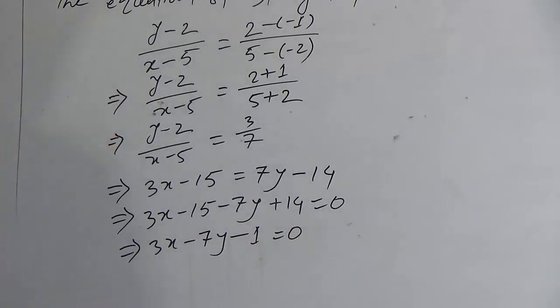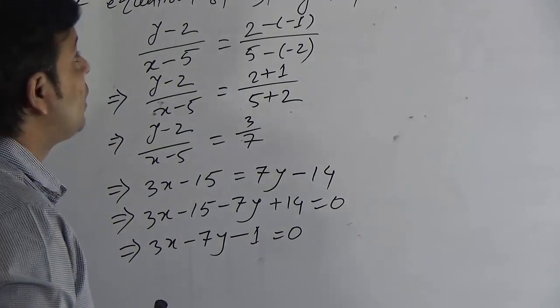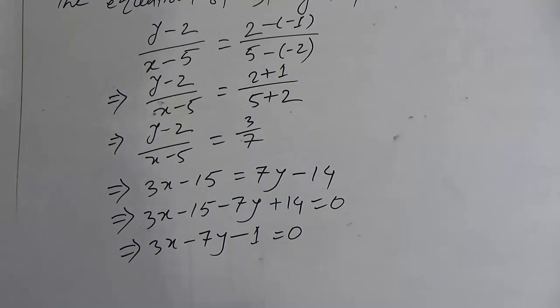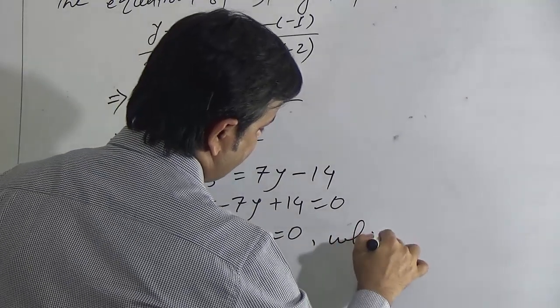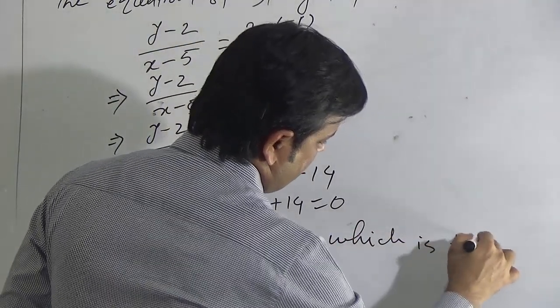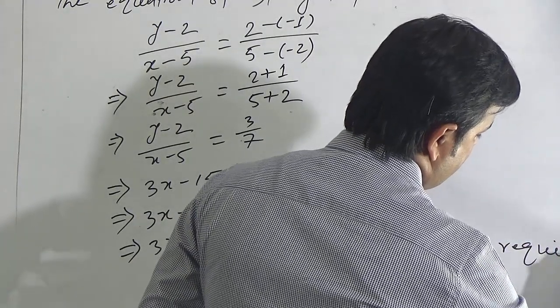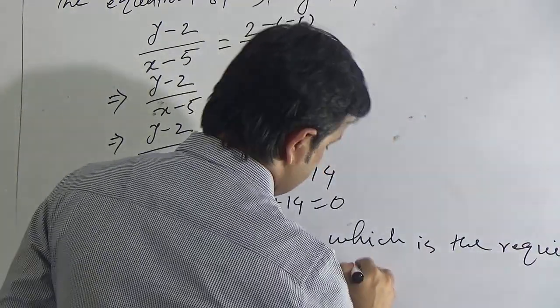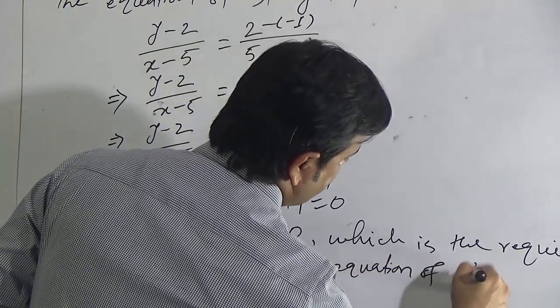So this is the required equation of straight line passing through the points P and S. It means this is the required equation of straight line PS.